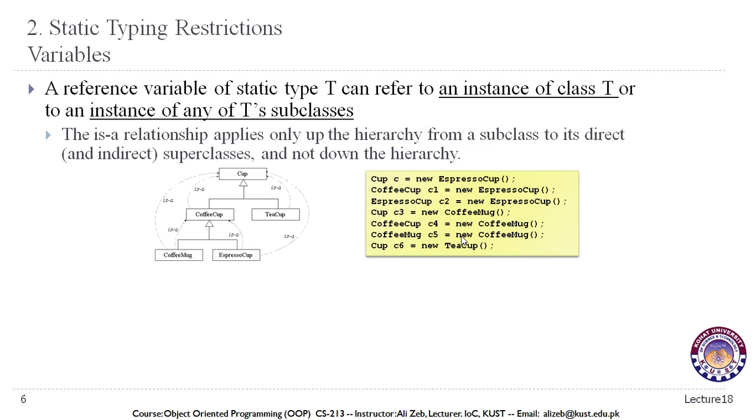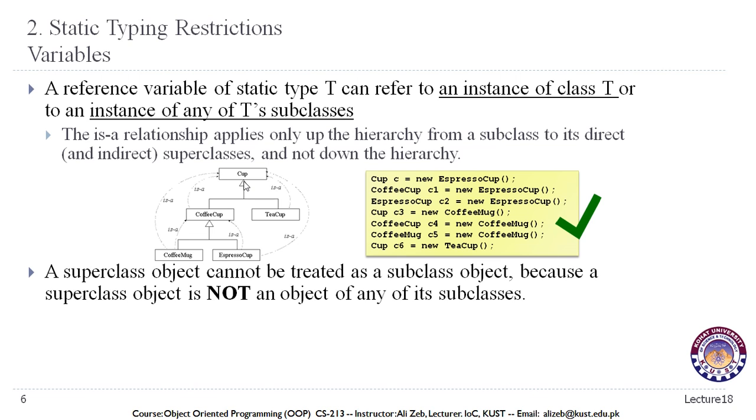Cup C6. So as we can see, since cup is the superclass of all these subclasses, it can be used as a reference for the objects of all of these subclasses. So we can declare any of the objects of these subclasses using a reference of the superclass. All of these declarations are valid.